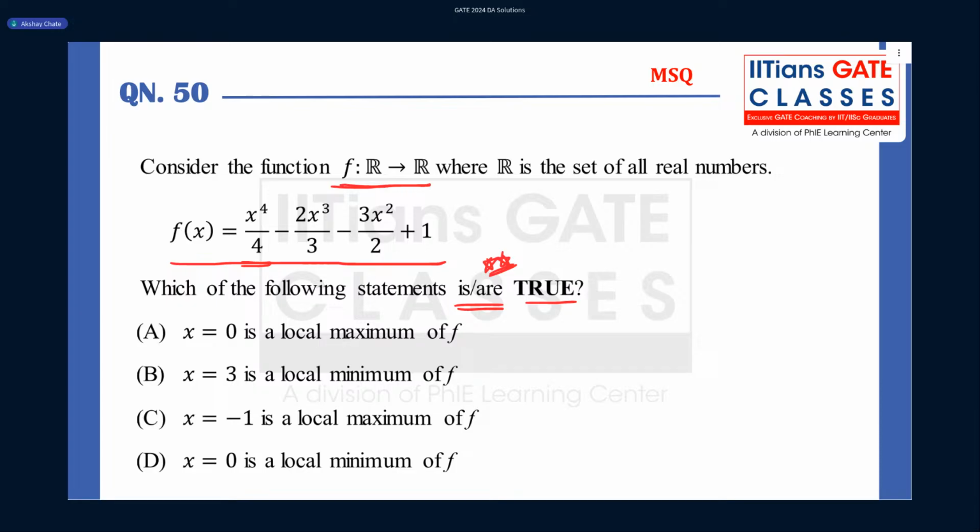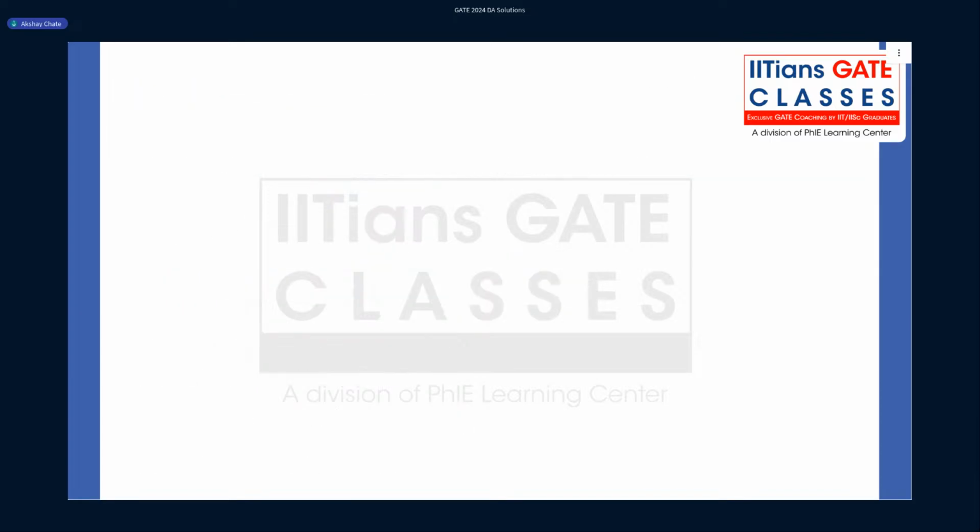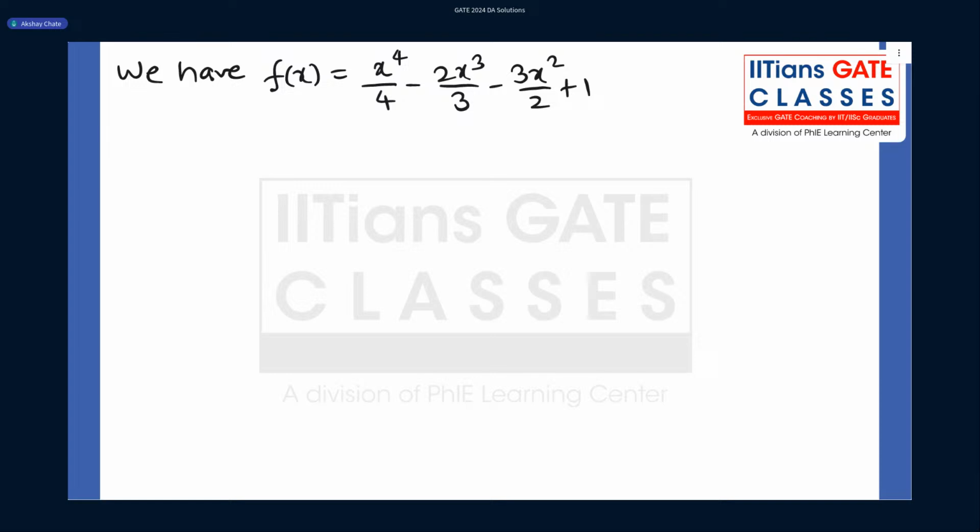So there are four options, and we have to check each option. Before that, since this question is asking about local maximum, local minimum, it's always better to take the derivative, find the stationary points, and then check the second differential condition. So we have f of x as x power 4 by 4 minus 2x cubed by 3 minus 3x squared by 2 plus 1.